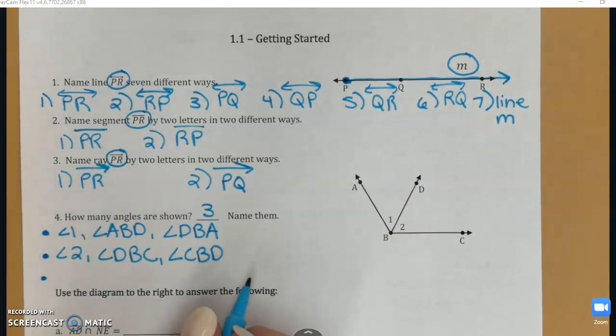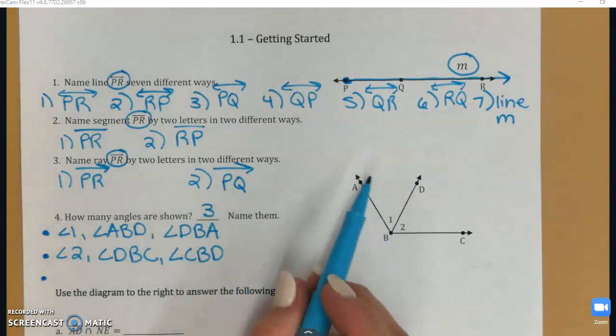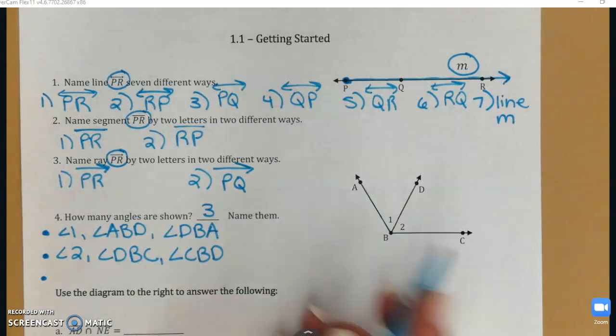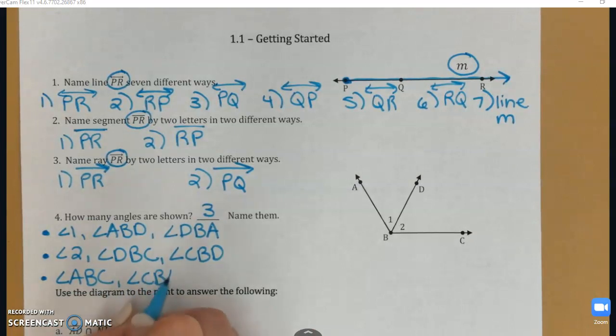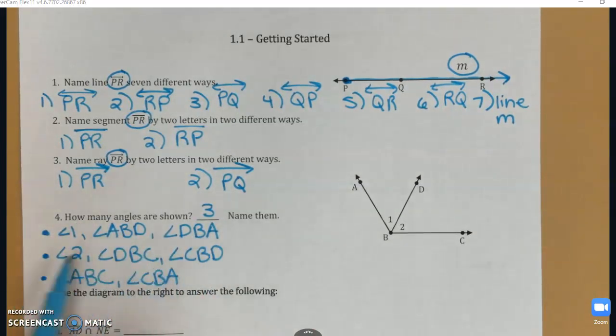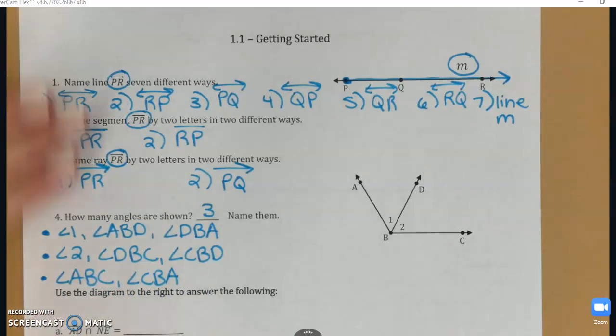And that one doesn't have a number to name it by, so I can only call it either angle ABC or angle CBA. So this is multiple names for one angle, multiple names for our second angle, and multiple names for our third angle. So again, this was all review from our naming lesson that we went over and your first homework assignment.